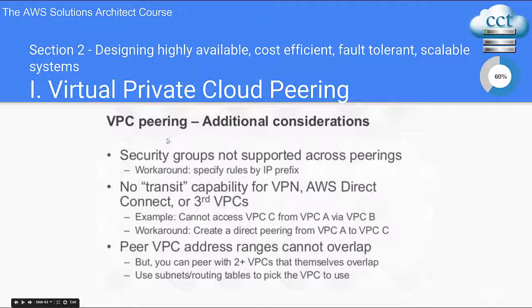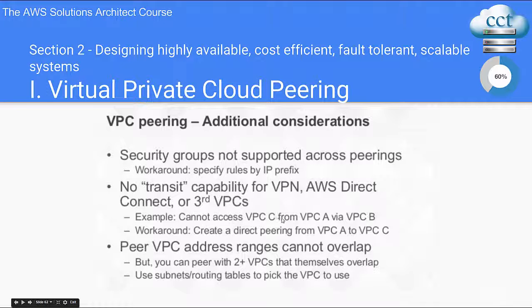Things to consider about VPC peering: security groups are not supported across peerings, so you need to specify rules by IP prefix. No transit capabilities, which is what I just talked about before, meaning you can't connect through.